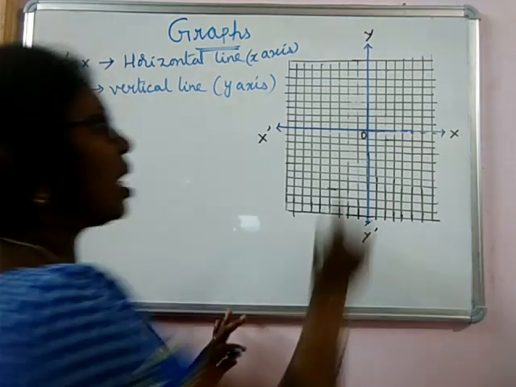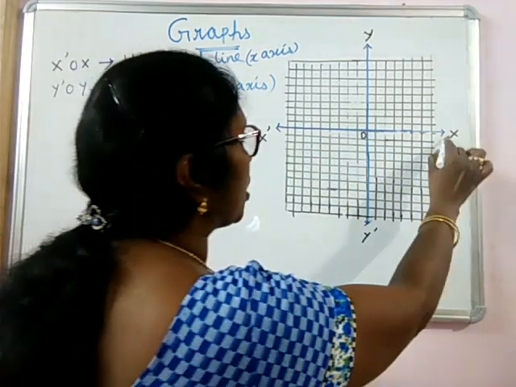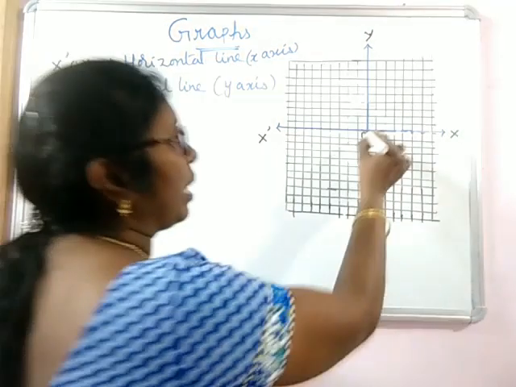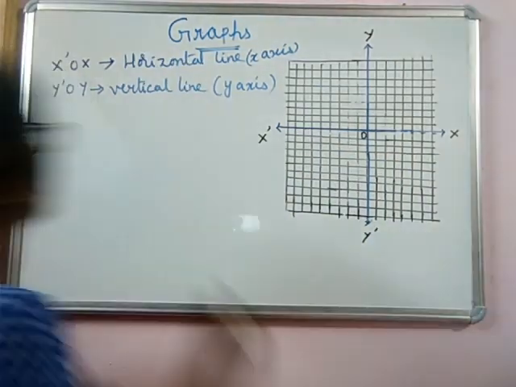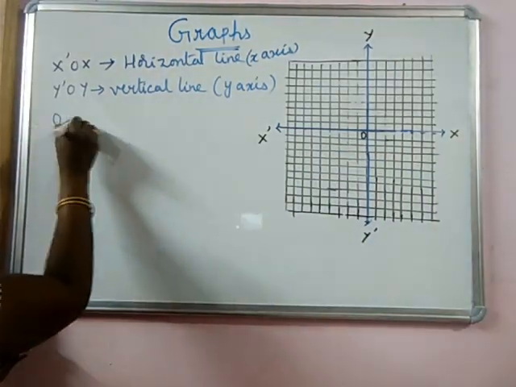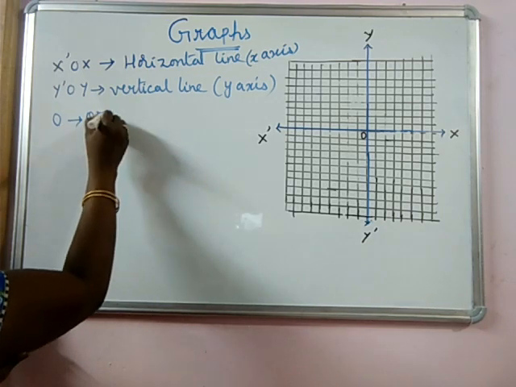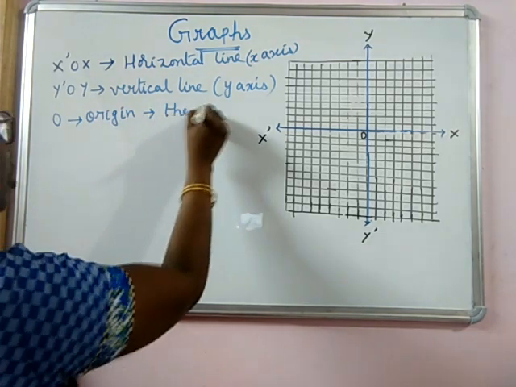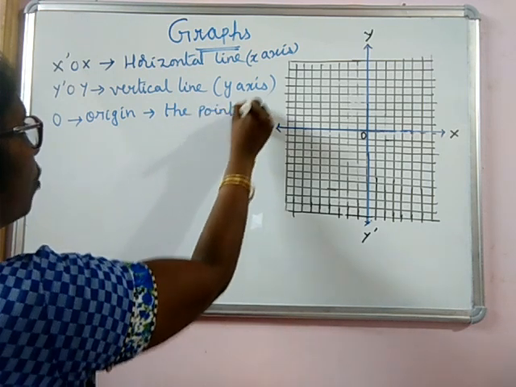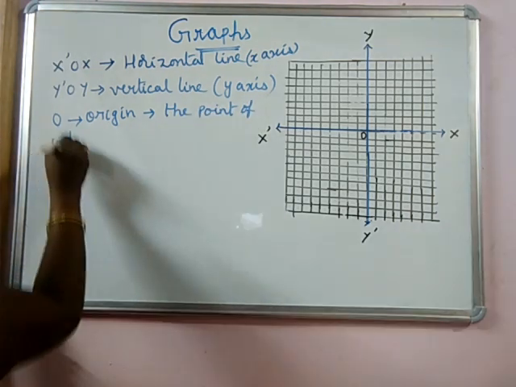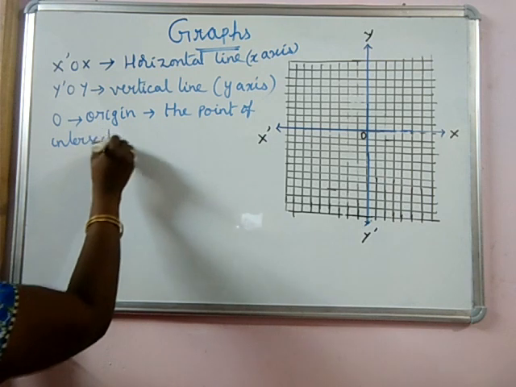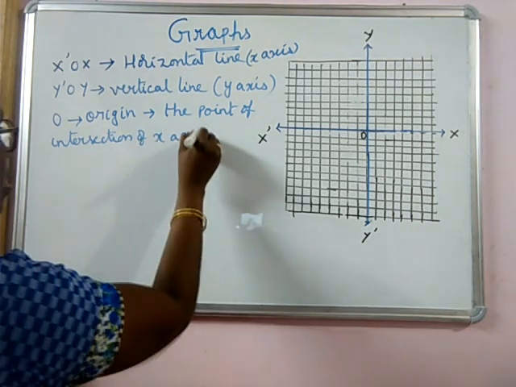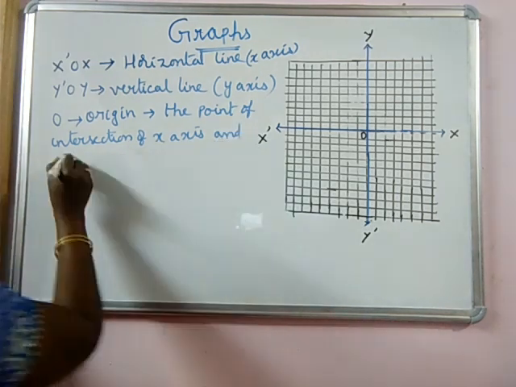And the point of intersection of x-axis and y-axis is the origin. O is the origin. What is origin? The point of intersection of x-axis and y-axis is the origin.